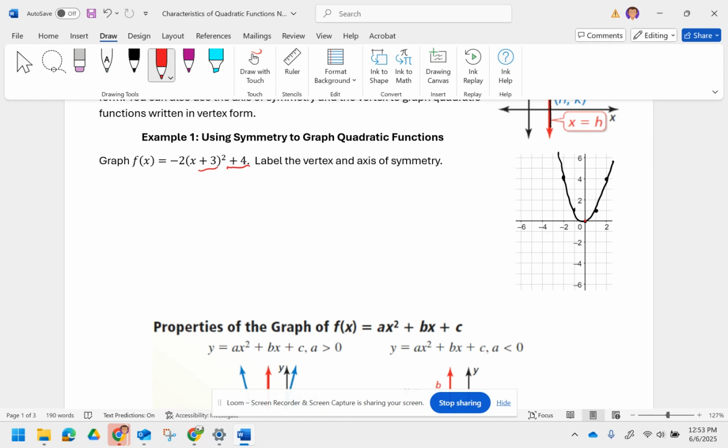If that doesn't make sense to you, please see the videos on transformations of quadratics. So I'm going to take my vertex and move it 3 to the left and 4 places up. This right here is going to be my axis of symmetry.